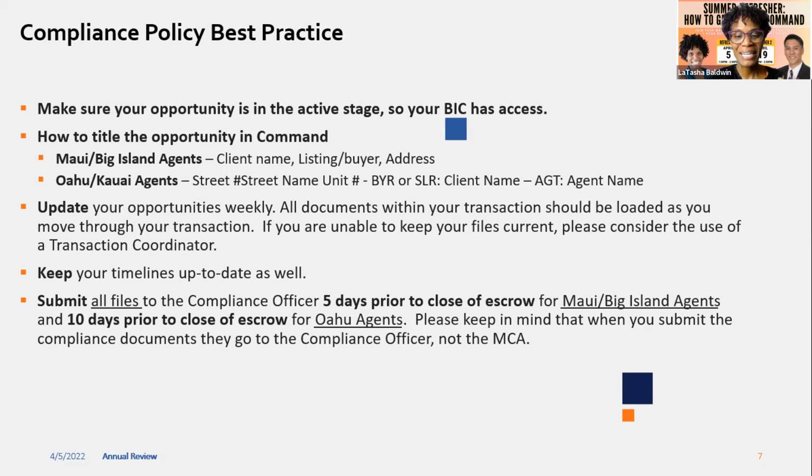You have to submit each folder separately, and you have to do that at least 5 days prior to close. This is for compliance only. 5 days prior to close, you want to submit those folders and email Rob, which we're going to get to in just a minute. But this is for Big Island and Maui, and for Oahu, it's slightly different. They're doing 10 days prior to close. You want to submit that information.